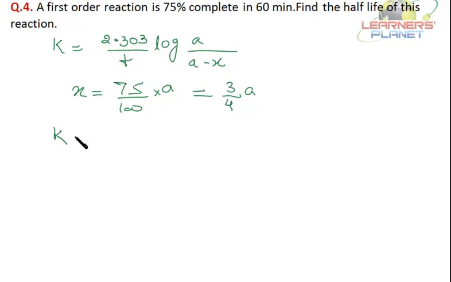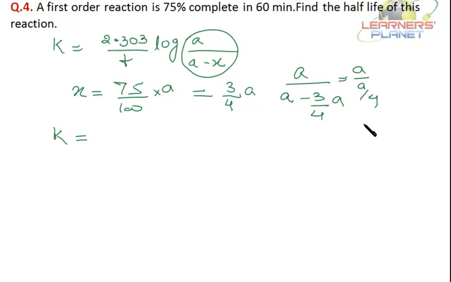So K is equal to, this will be what? A minus X. This complete thing solved. What will be the answer of this? A by A minus 3 by 4A, or it would be A by A by 4, or it would be 4.